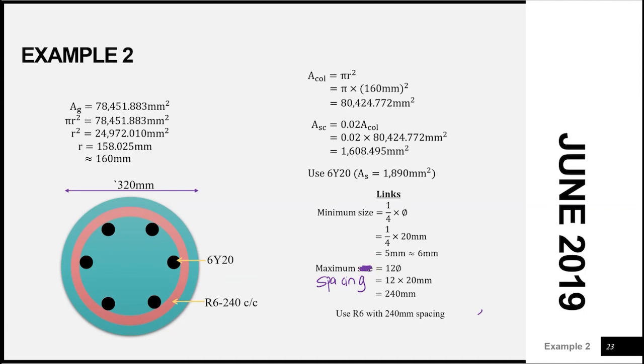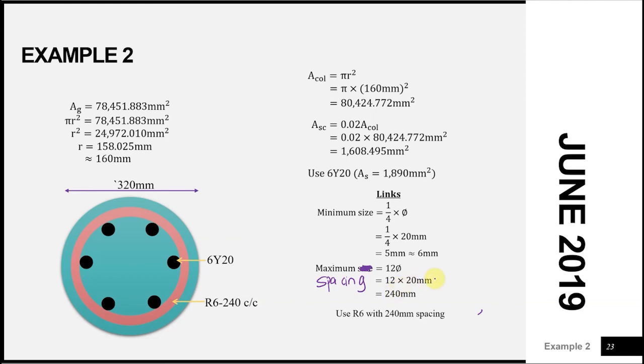Maximum spacing. Okay, maximum spacing formula dia is 12 times diameter. Diameter apa? Diameter of the smallest size, the smallest longitudinal bar size. Okay. Tapi sebab kita pakai 20 mm, doesn't matter lah. Satu jenis je.